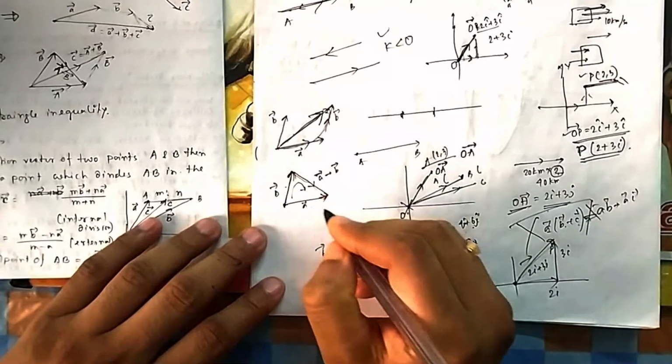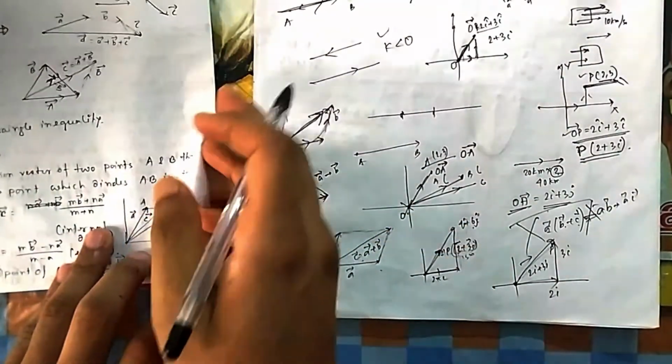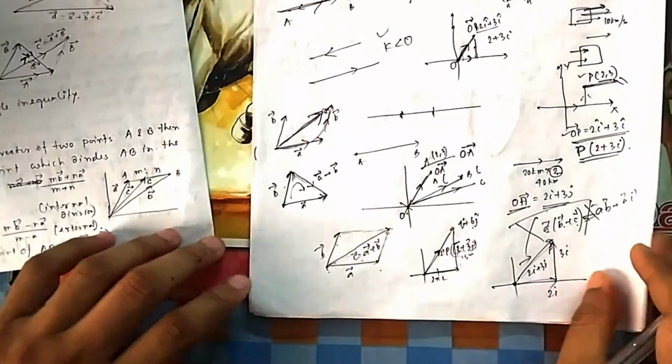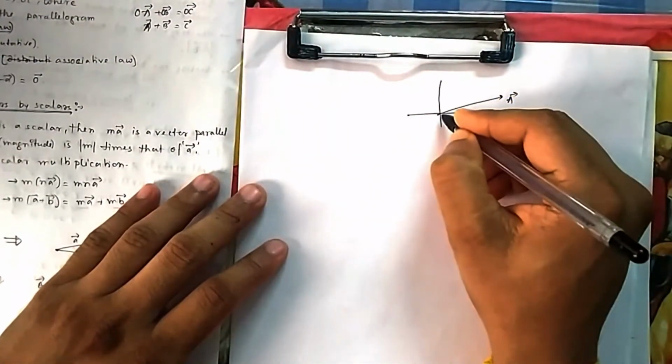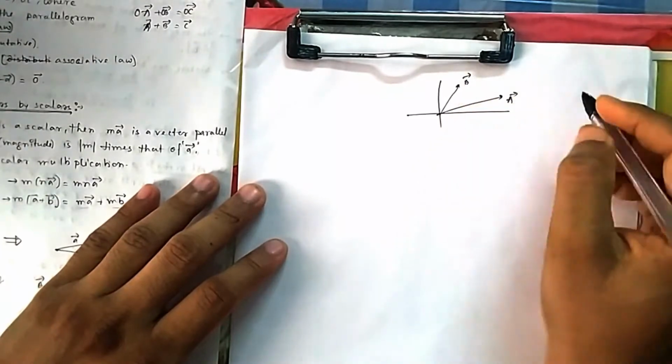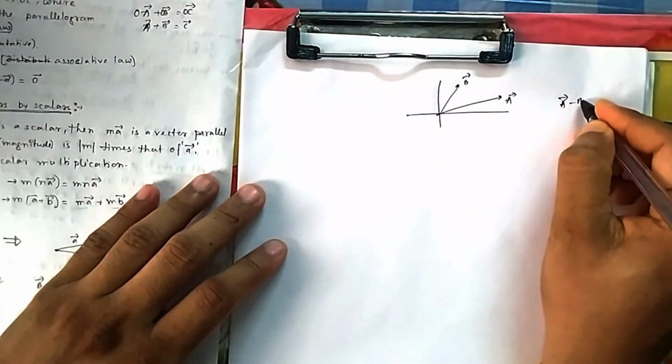It's the same idea. Suppose you have two position vectors, A is the position vector and B is this position vector. What will be A minus B?